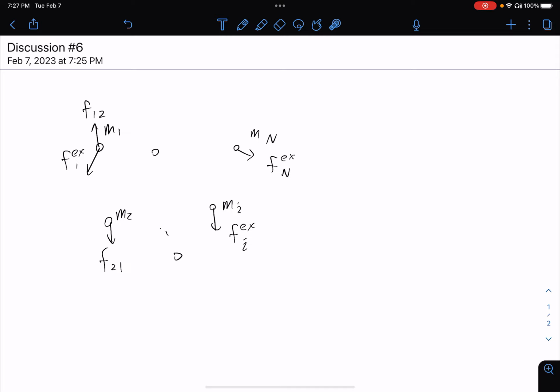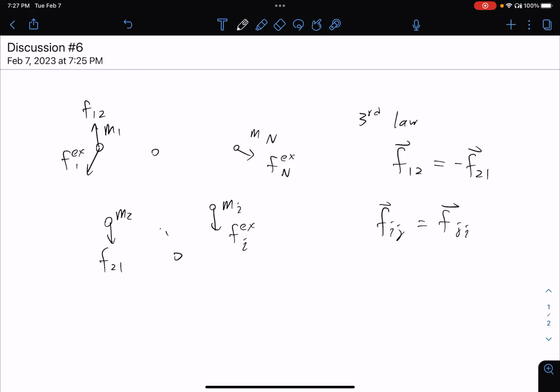Newton's third law tells me that the force acting on 1 by 2 should equal the force acting on 2 by 1, but with a negative direction. So these two forces should point in opposite directions with the same magnitude. So in general, Fij equals minus Fji.